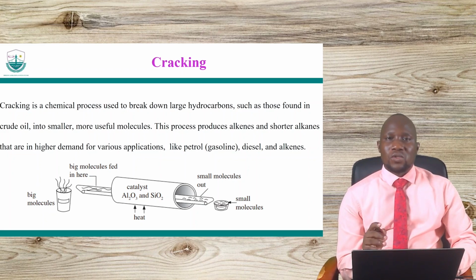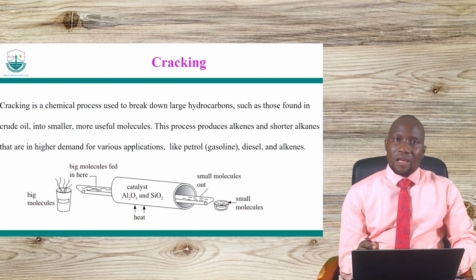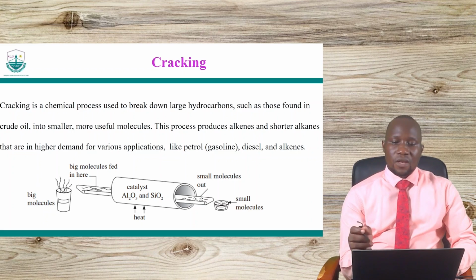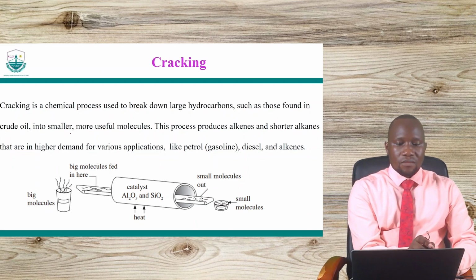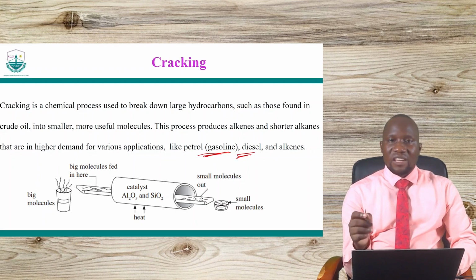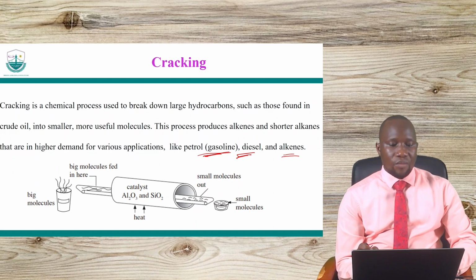And these smaller molecules are the ones that can be used to make different products. Most of these products are used in the petroleum industry. So these shorter products can include things like kerosene, diesel, and also, by the way, some alkenes. So we can also talk about alkenes being produced.